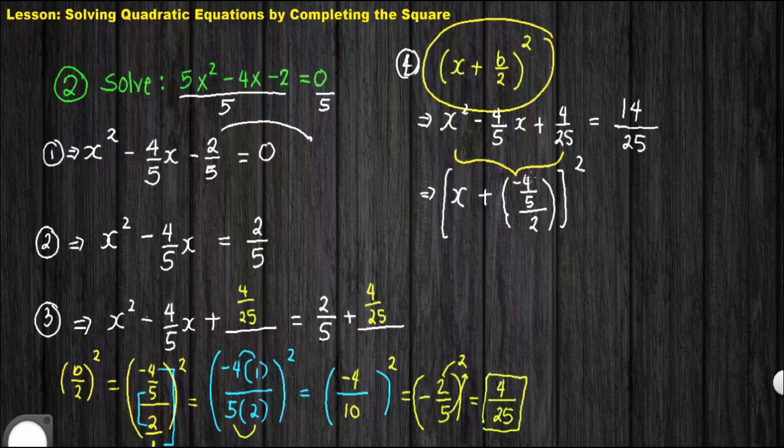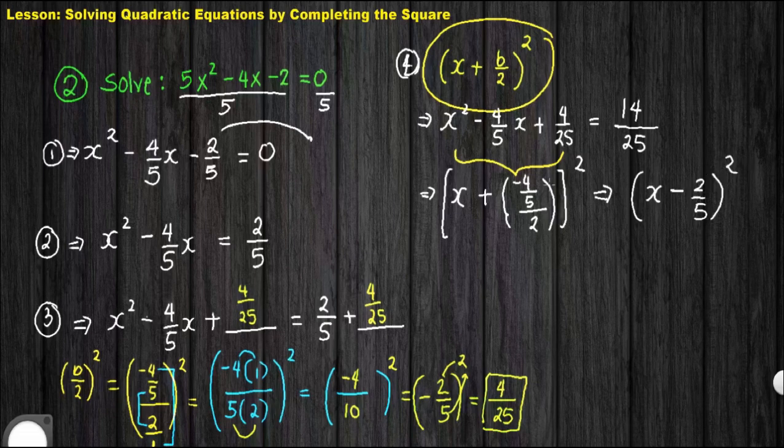Now, to do that, we first need to simplify this fraction. So it equals x plus, earlier, we already solved that. Before we square it, if you type this in your calculator, what comes out is negative, sorry, it should be negative 2 over 5 raised to 2.